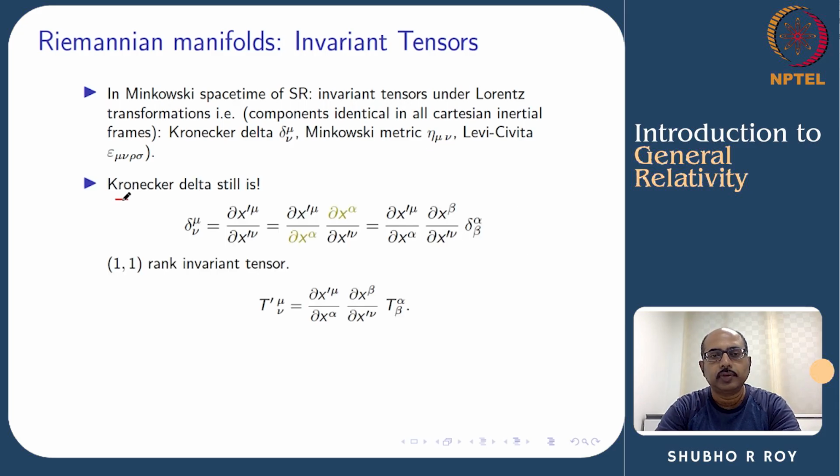Now, Kronecker delta is still actually an invariant tensor under general coordinate transformation, not just Lorentz transformation. And this is very easy to see. So we can write the Kronecker delta as this derivative of the prime coordinates, mu and nu. And unless mu is equal to nu, this is going to be 0. So this is Kronecker delta, of course. Now, under general coordinate transformations, x primes are smooth functions of x's.